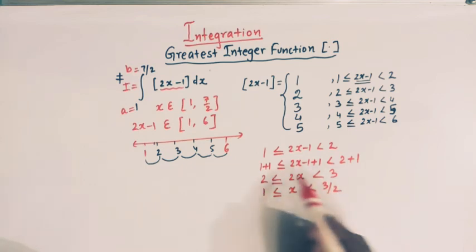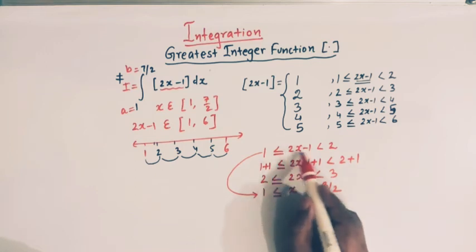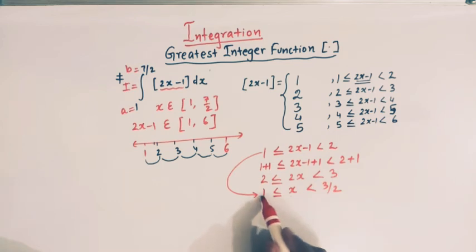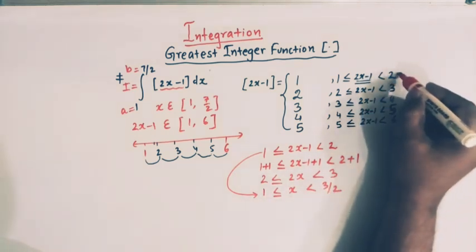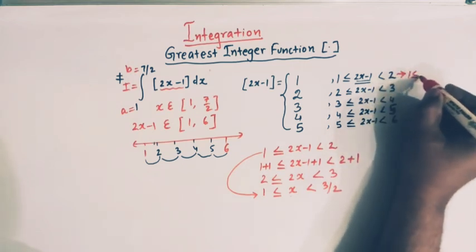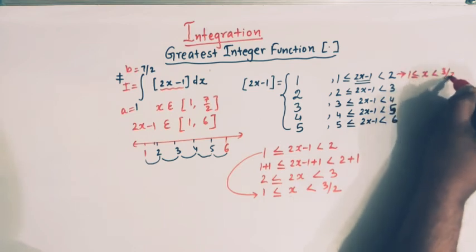So when 2x minus 1 lies between 1 and 2, then x lies between 1 and 3 by 2. This inequality is equivalent to 1 less than or equal to x less than 3 by 2.